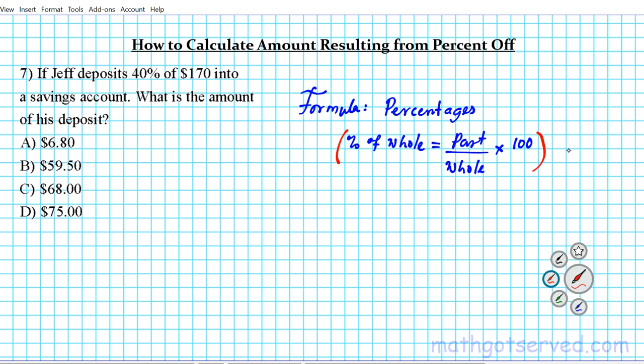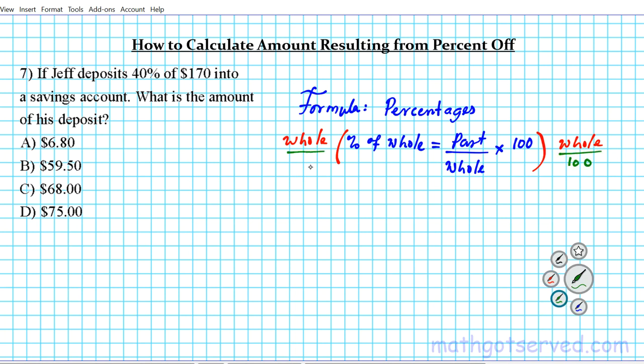To do that, we multiply by whole on both sides. The opposite of divide is multiply, so since you're dividing by a whole, if you multiply by whole, it's going to cancel out the whole. And then you have times 100, so we are going to divide by 100.